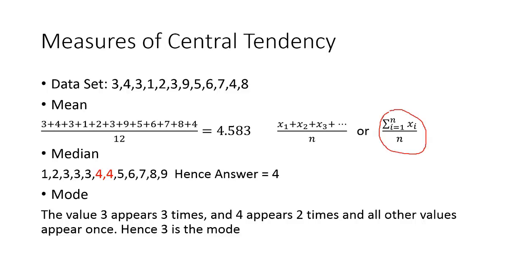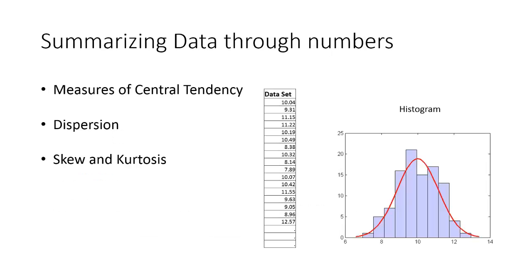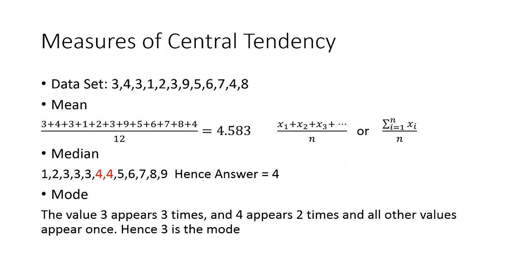I've just shown that to you so that when you see it, you're not surprised by it. And incidentally, the mean is the concept that I was speaking about in this histogram of balancing the seesaw. Where would you place the fulcrum such that this seesaw gets balanced? That's the same concept of mean.